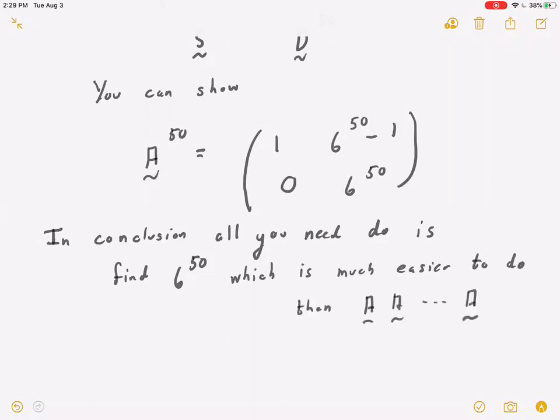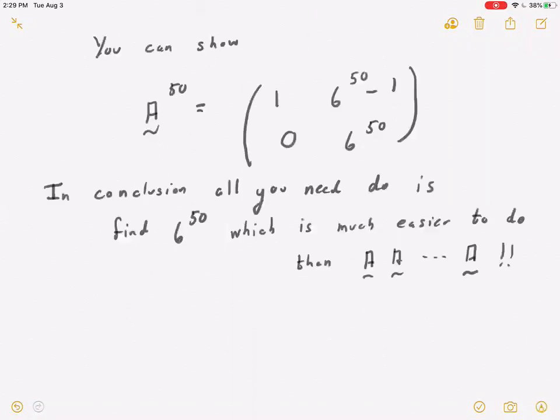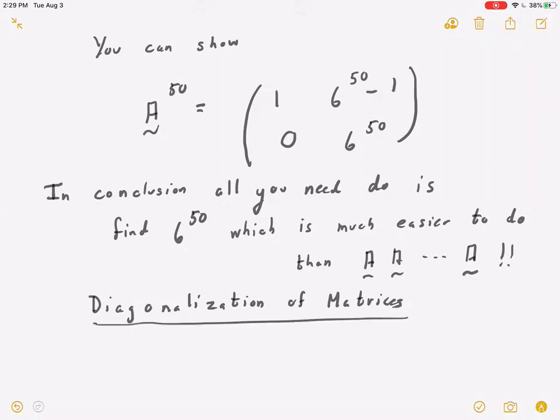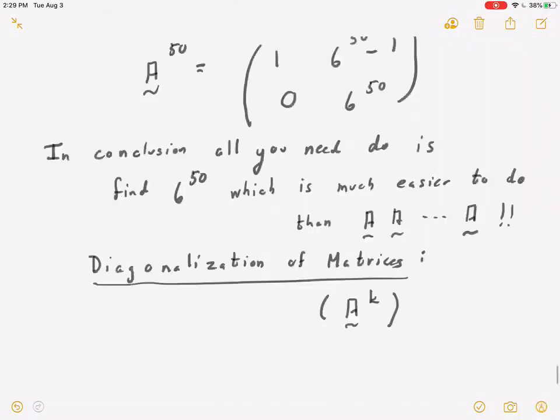So one particular application of matrix diagonalization is your ability to take matrices and raise them to large powers.